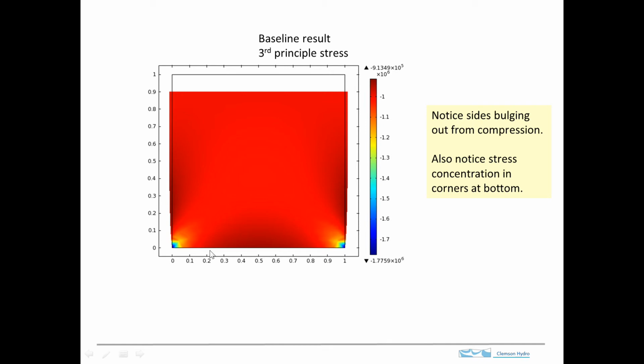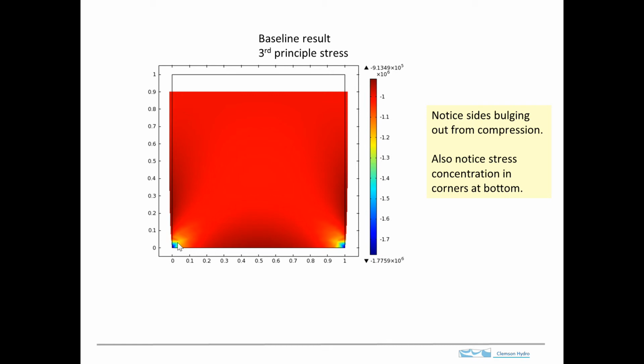The fixed constraint boundary is preventing the boundary down here from moving at all, but when we push down on it, the sides bulge out, but they're not allowed to bulge right here at the boundary. So we've got this progressive bulging out from the bottom corner outward like that. As you're pushing down, this material wants to spread out, but it's stuck to the boundary, and that's what causes this buildup of stresses.